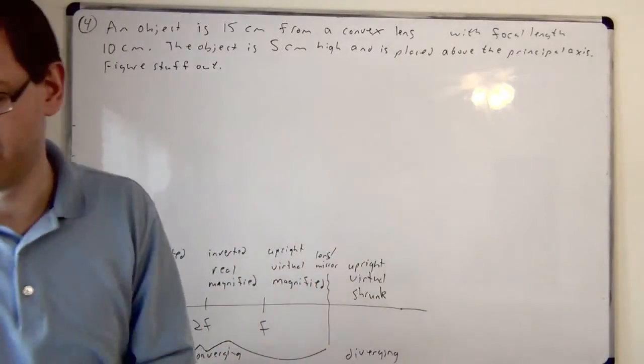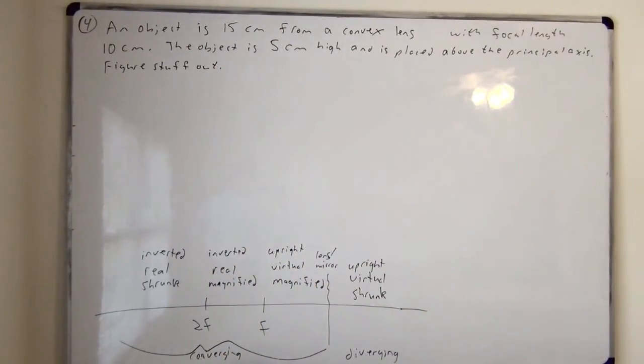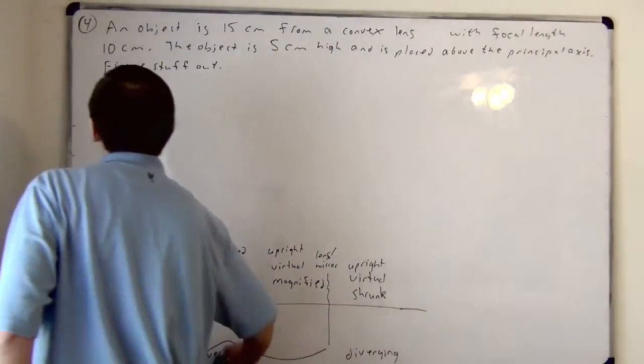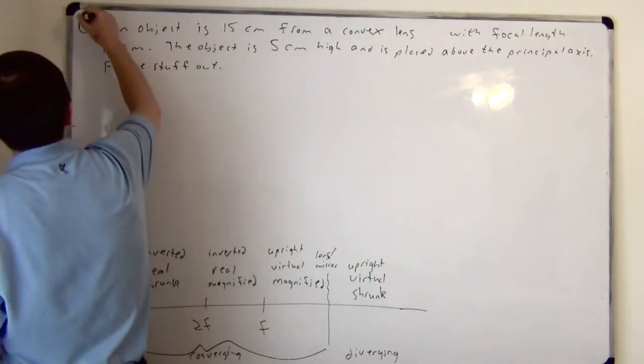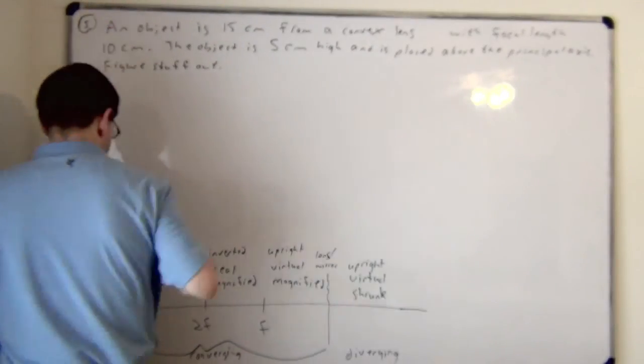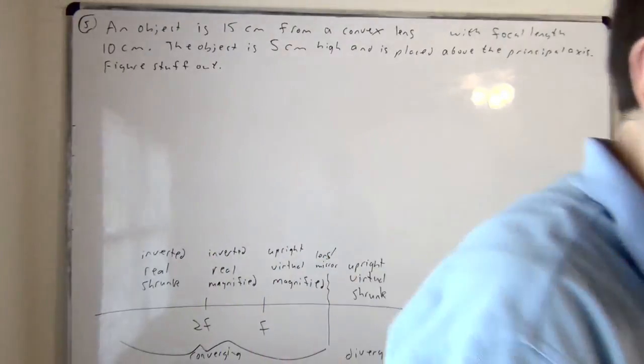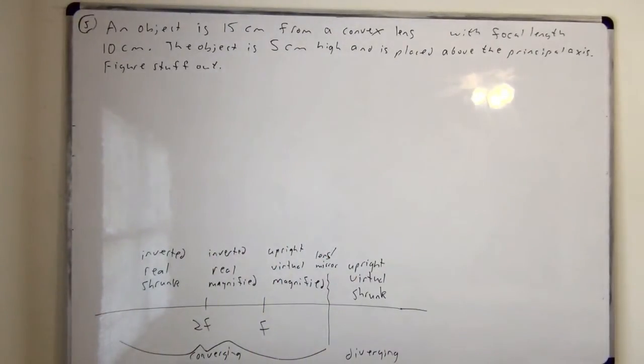Alright, let's try this one. I lost track. Number 5? Yeah. So it's a convex lens again, so it's going to look like this.